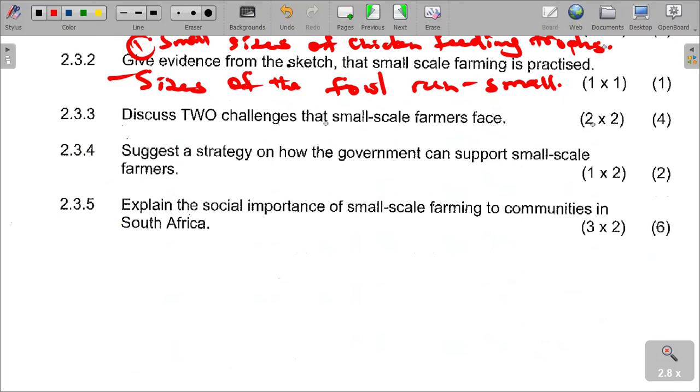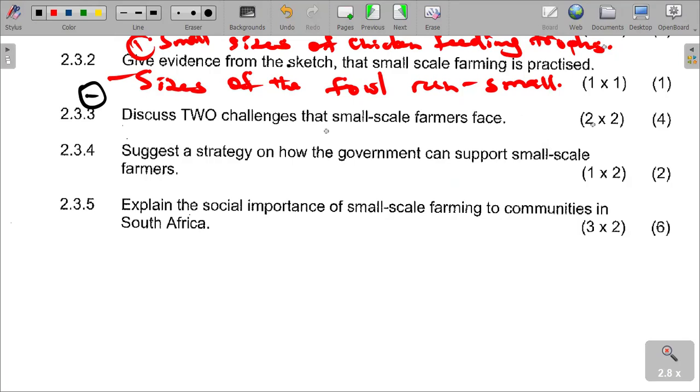Discuss two challenges that small scale farmers face. What are those challenges? We can talk about drought, which wipes out the crops.